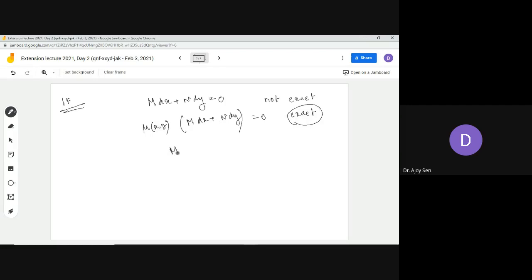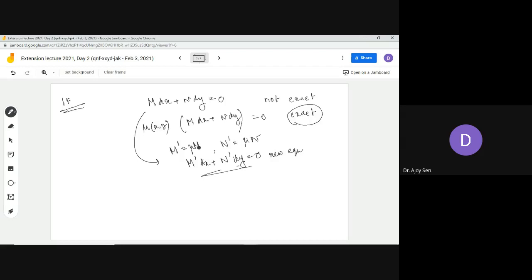Our new M dash will be mu M, and new N dash will be mu N. So this equation reduces to M dash dx plus N dash dy equals 0. This is our new equation, where M dash and N dash are like that. So this is the integrating factor. We have a non-exact equation, and we can make it exact.